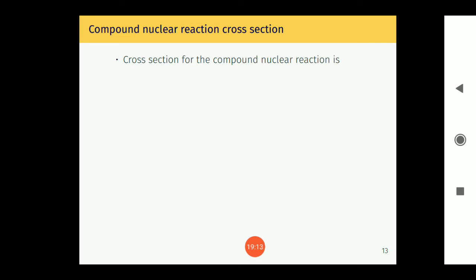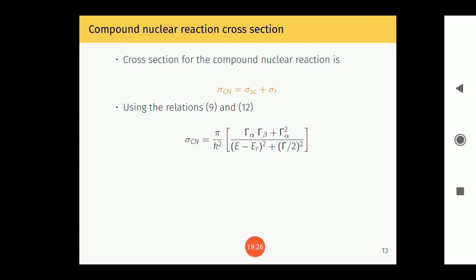The compound nuclear reaction cross section is just the sum of the scattering cross section and the reaction cross section, and we have derived both. Therefore, the compound nuclear cross section can be written in this manner.